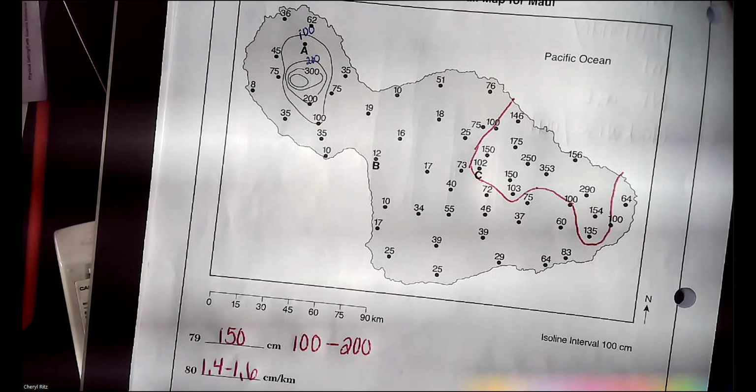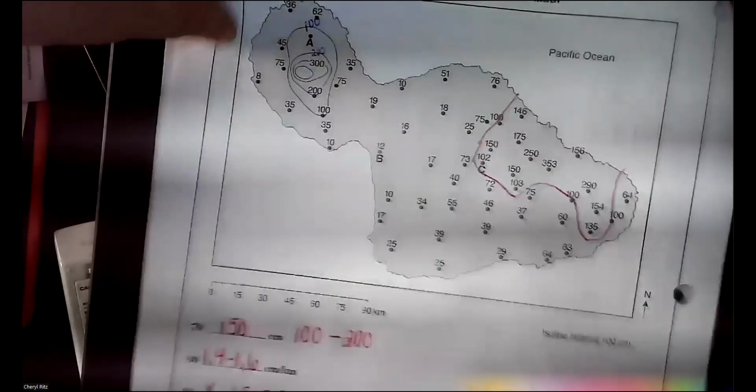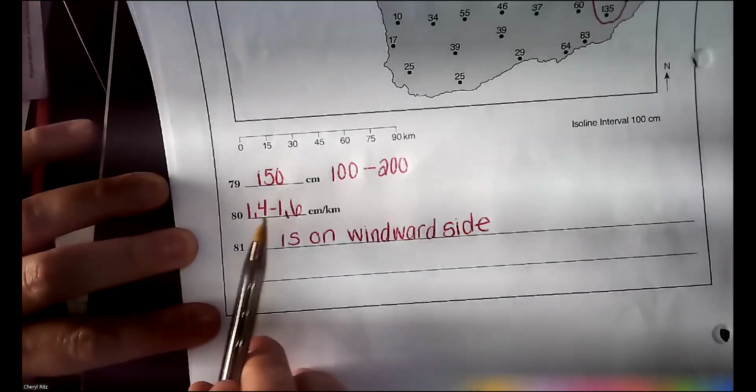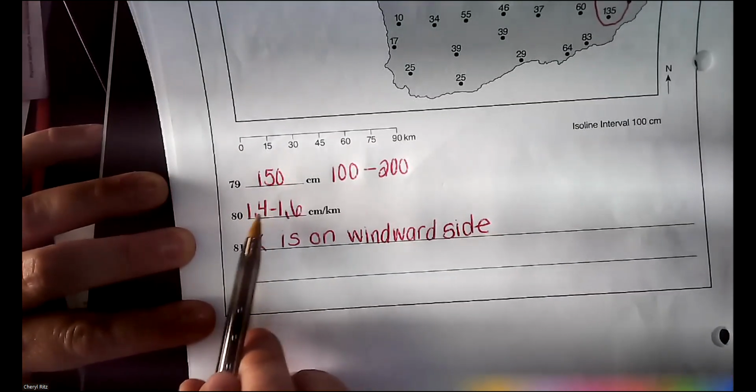Those are the numbers that are anything in between 100 and 200, but not 100 or 200. You legit could have put 100.1 or 99.9 as long as you didn't put 100 or 200. Anything in between.